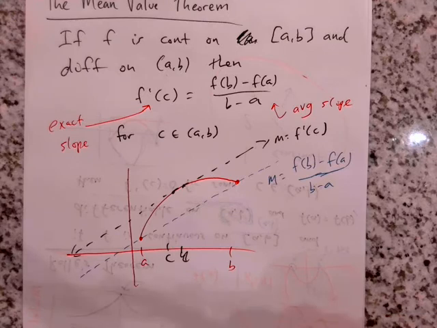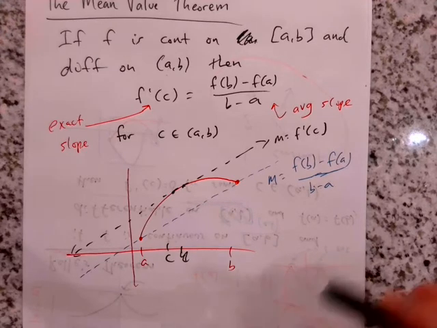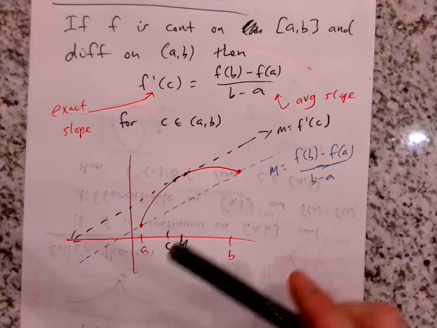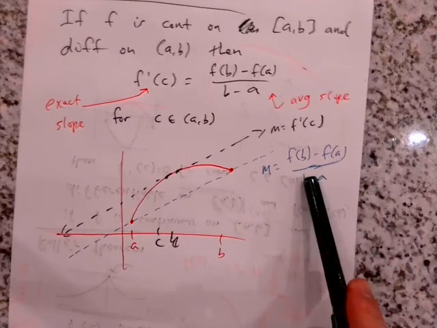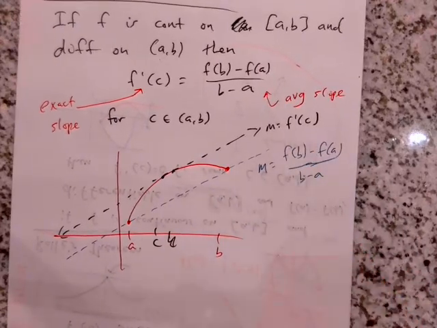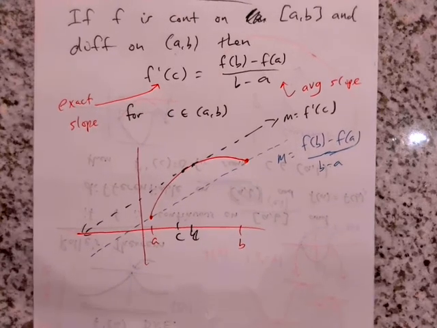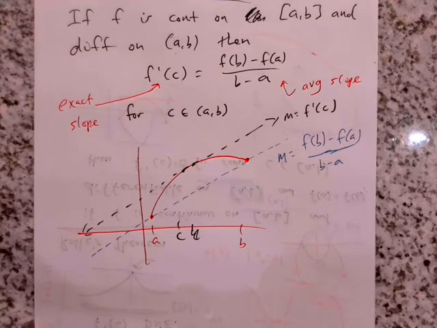So if I am driving to the grocery store and I average 30 miles per hour for the drive, I have to go exactly 30 miles an hour at least once during my drive. I can't average that speed unless I go that speed at least once. And the same is true for functions. A function can't average this rate of change unless it has that rate of change at least once on its path. So that's all the mean value theorem says.